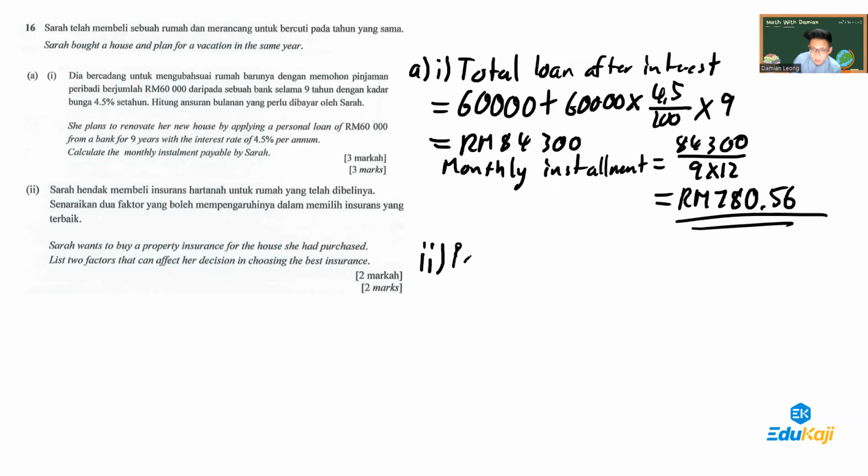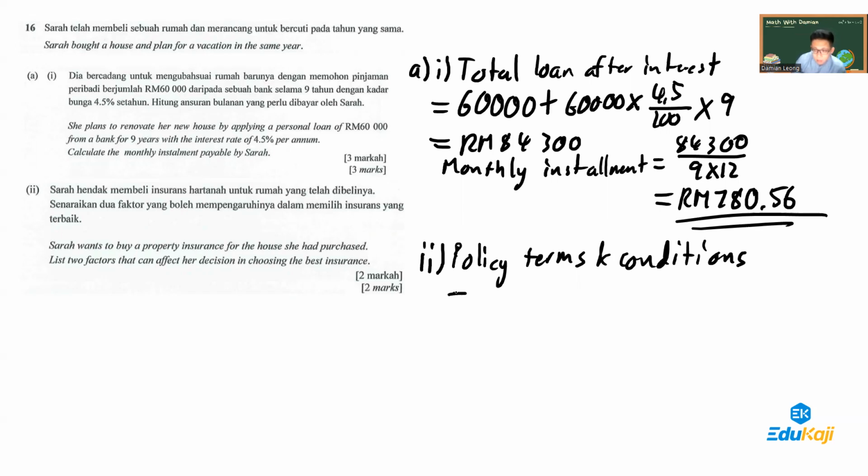There is the policy terms and conditions, one of the more important things, because certain policies cover certain factors, and some include natural disasters and some don't. Some include flooding, some don't. Some include fire as a whole, some don't. So it depends. That's why terms and conditions are very important.